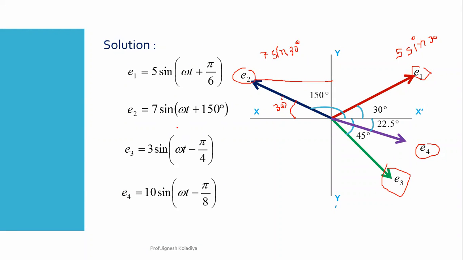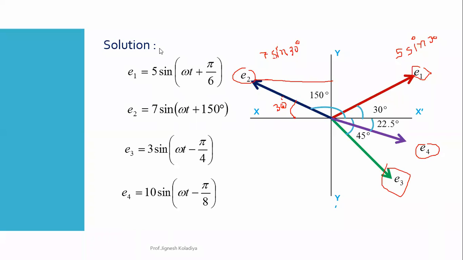Okay, I'm getting all the components from Hasin. E1y is 5 sine 30, E2y is 7 sine 30, E3y is minus 3 sine 45, and E4.